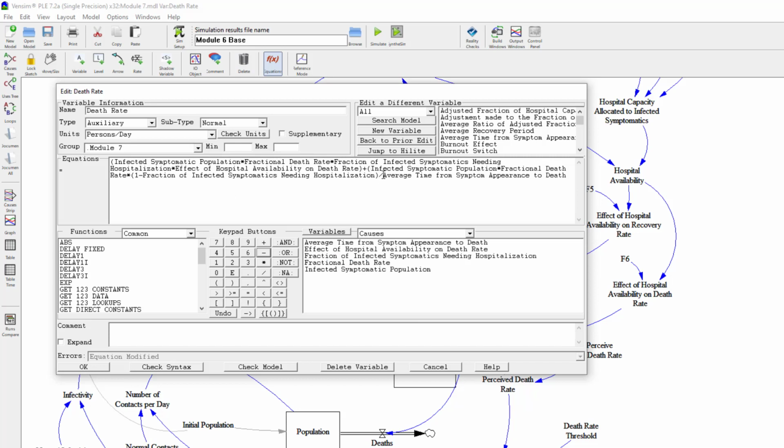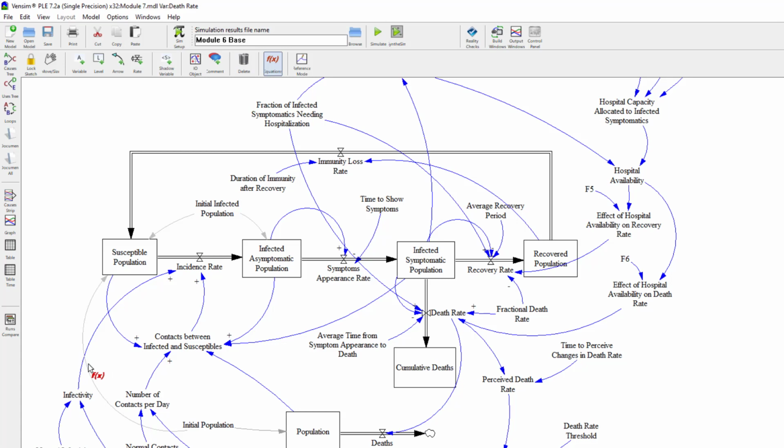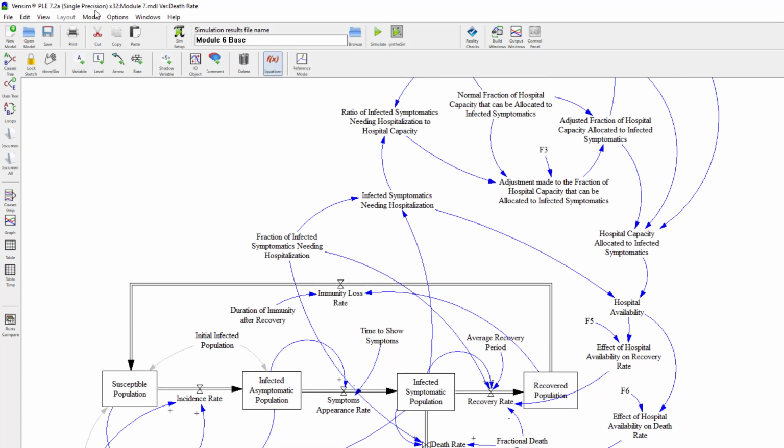So this is the group that's not going to be affected by hospital availability. Okay, so we can put all of those in the numerator, and then we divide that by average time from symptom appearance to death. All right. So let's save the model.